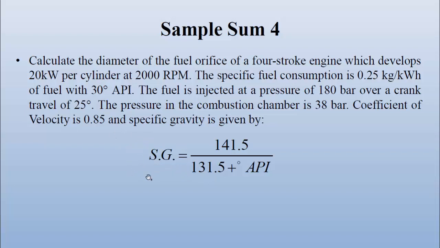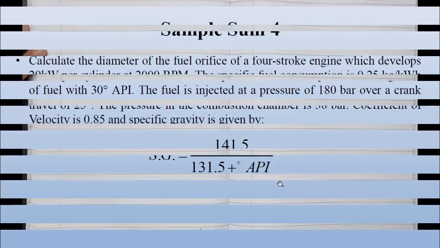Thus, with an increase in temperature, there will be a decrease in the specific gravity. In this sum, when we have to find the density of the fuel, we will have to find the specific gravity, and to find it, we just substitute this 30 in the API, and that will give us the specific gravity of the fuel. So we will solve this sum now.